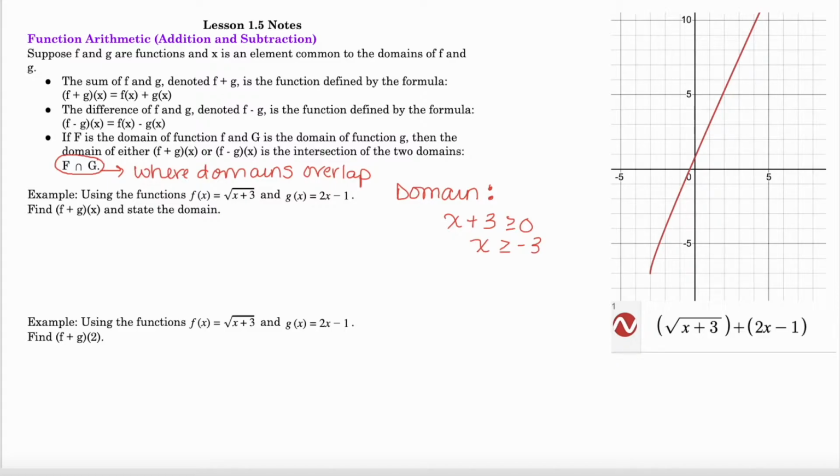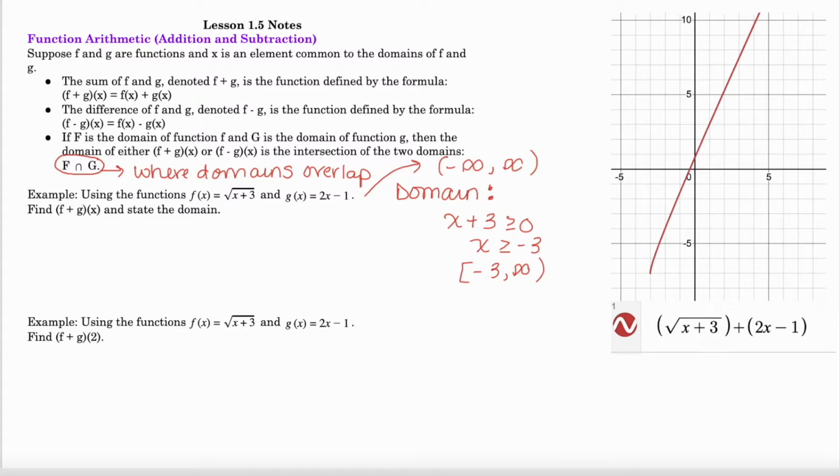So therefore, my domain for the square root of x plus 3 starts at negative 3 and goes to positive infinity. However, when I look at the domain of 2x minus 1, I know that this is a linear function, and a linear function expands in both directions forever and ever. So all linear functions have a domain of negative infinity to positive infinity.